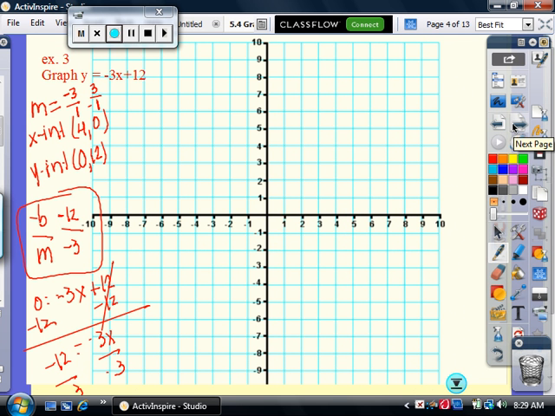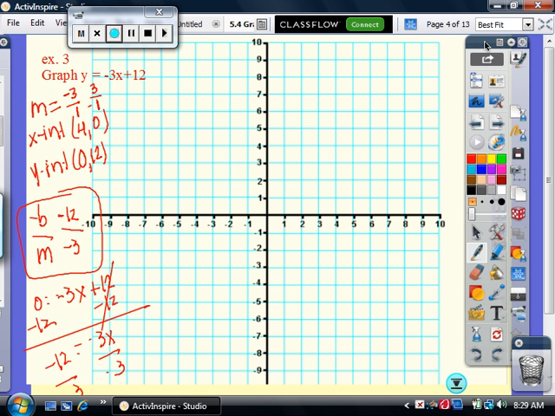Alright, so we're going to look at our graph. Here's the x-intercept. The y-intercept, I don't go up to 12, but you do. So up at 12, put you a point. Now this one is a negative slope. We know we can anticipate that this graph's going to be falling from left to right.